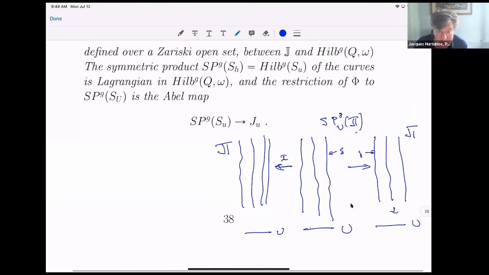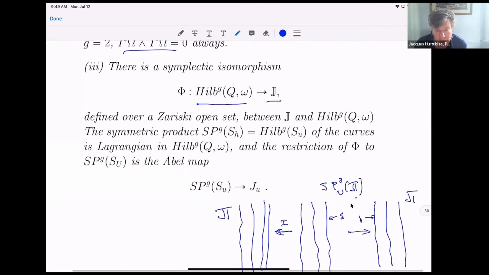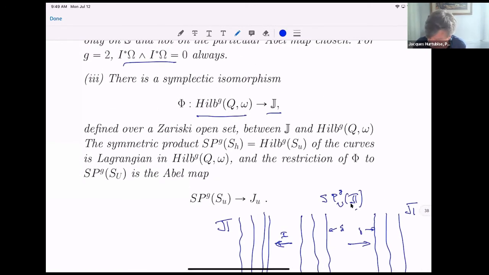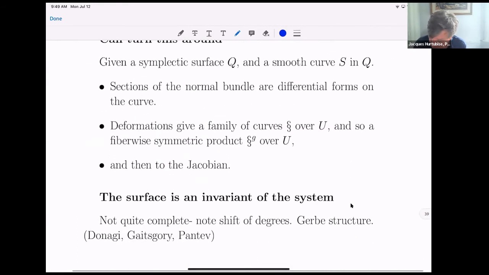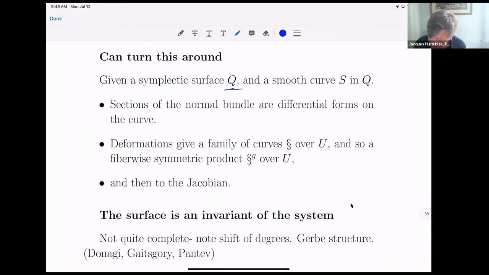Okay, so you're getting, in other words, just out of this local geometry, a Hilbert scheme. And you can turn this around. So you're getting a symplectic surface Q and a smooth curve S in Q. So you're just taking your symplectic surface and smooth curve, and then because the canonical bundle of the surface is trivial, sections of the normal bundle on the curve correspond to differential forms.